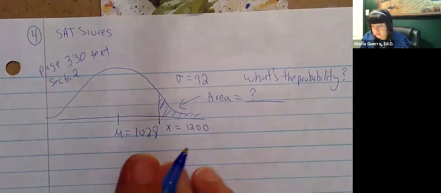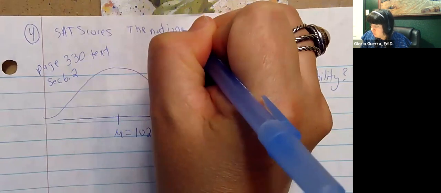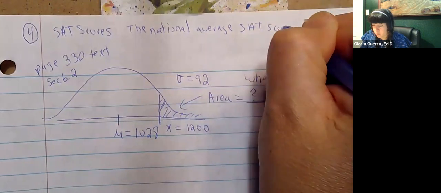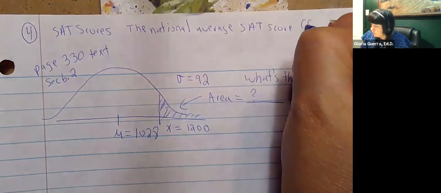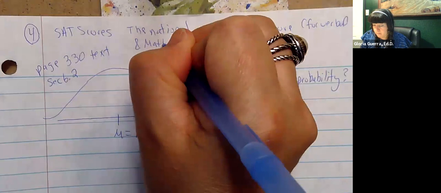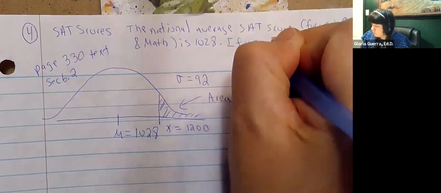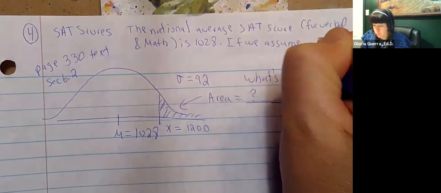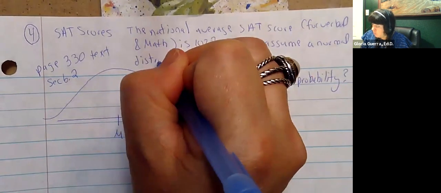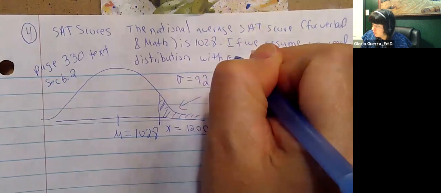And it says the national average SAT scores for verbal and math is 1028, if we assume a normal distribution with sigma equaling 92.